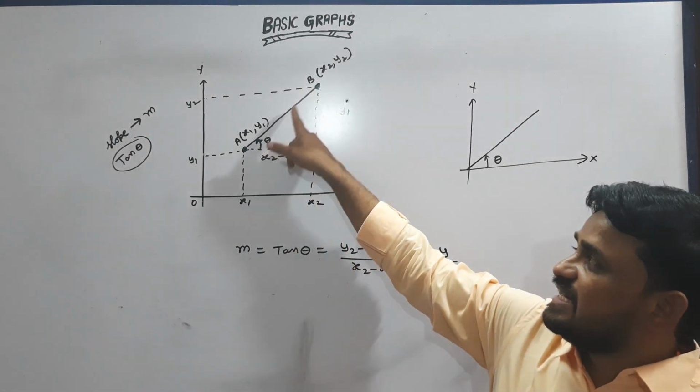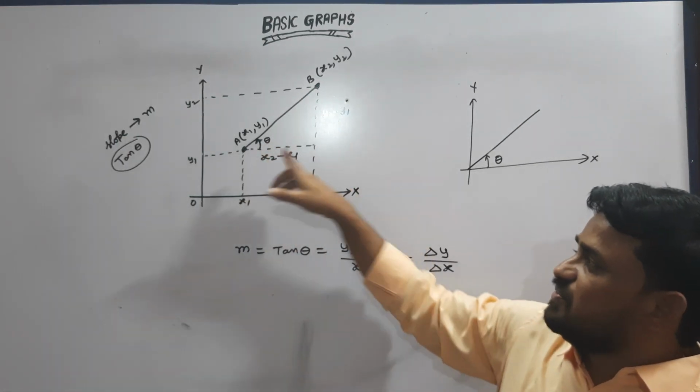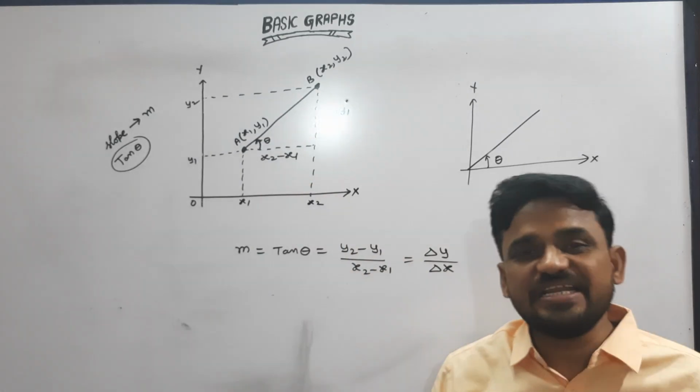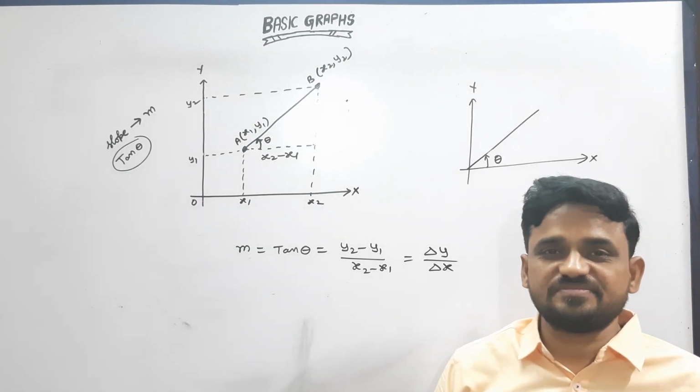So totally we know slope means the angle made by the line with the positive x-axis in the anti-clockwise direction.